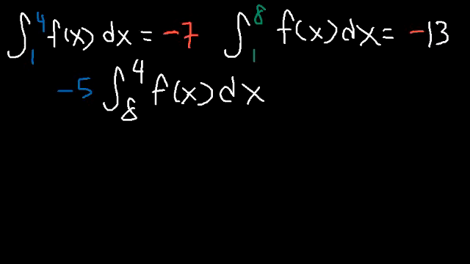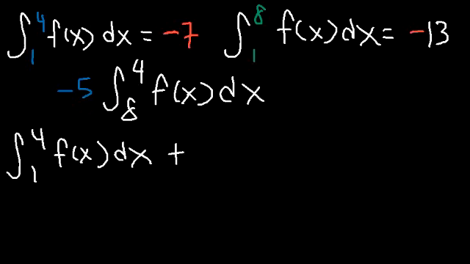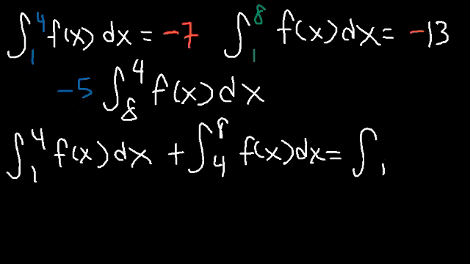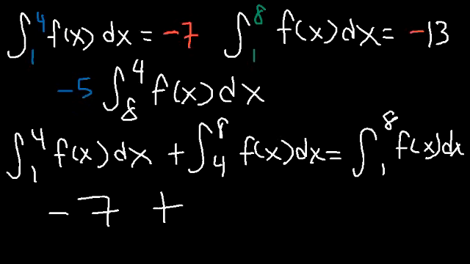So first, let's write an equation. From 1 to 4 plus from 4 to 8 has to add up to the total from 1 to 8. Now the area from 1 to 4 is -7, and from 1 to 8 is -13.